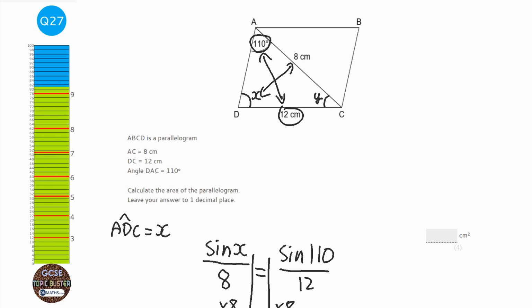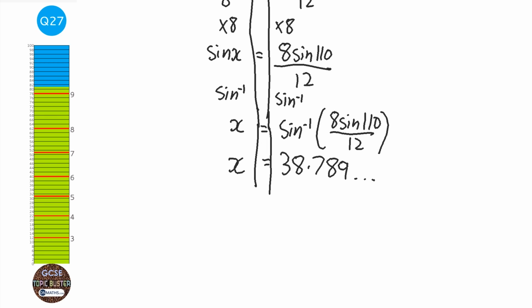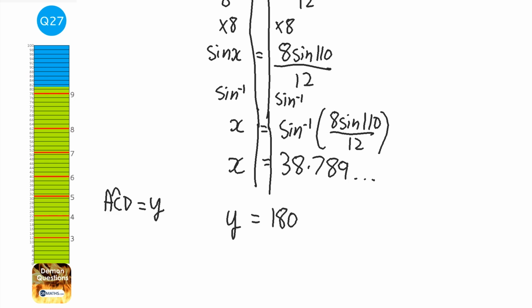So what is this? ACD. So I'm going to tell the examiner that ACD I'm going to call Y, just to make it a bit easier. So Y equals 180 take away 38.789 blah blah blah plus 110.